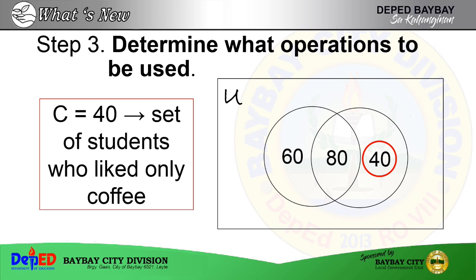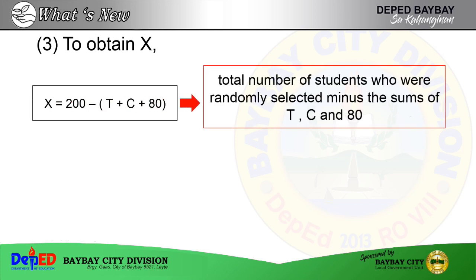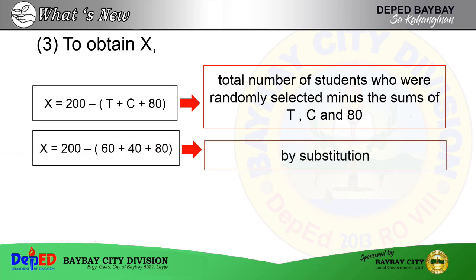To obtain X, X equals 200 minus the quantity of T plus C plus 80. These are the total number of students who were randomly selected minus the sum of T, C, and 80. So X equals 200 minus 60 plus 40 plus 80. This is done by substitution.